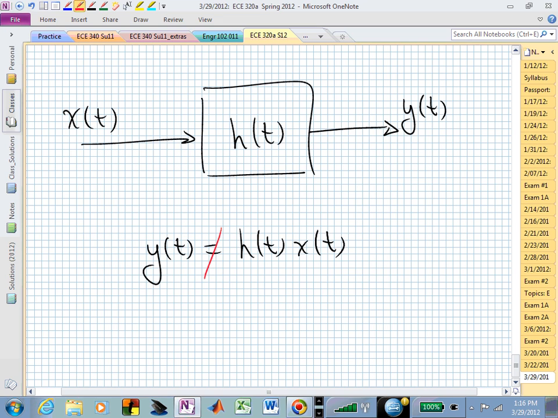The block diagram sort of teases you to think that, but that's not what the block diagram means. The block diagram is just a symbol of what you have going on. You're applying an input x to a system that's described by an impulse response h of t, creating an output y of t. And we know how those are combined now in the time domain.